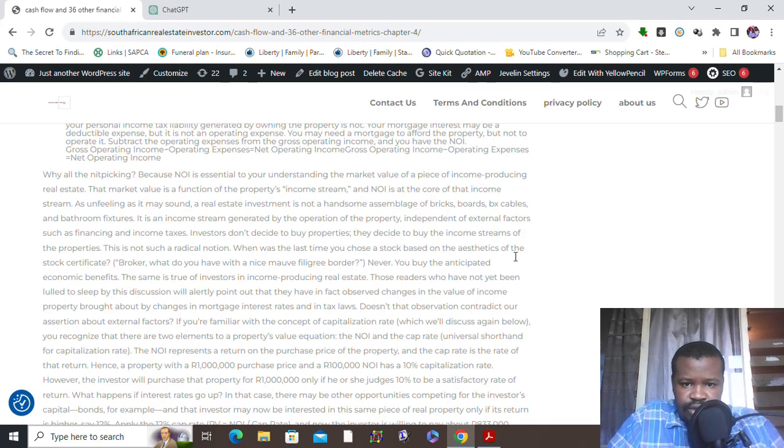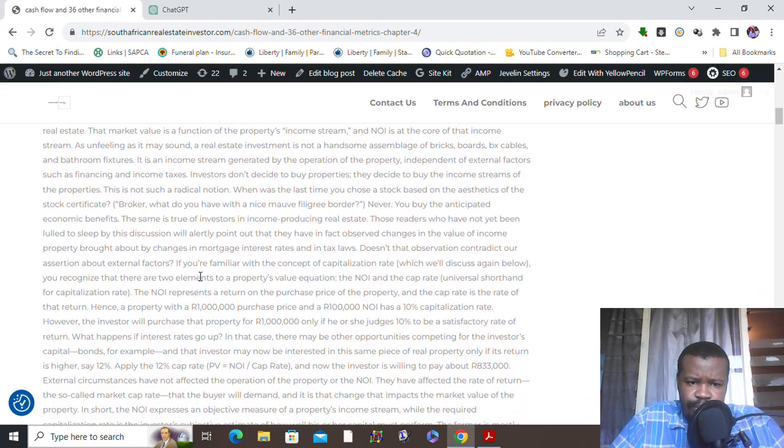Those readers who have not yet been lulled to sleep by this discussion will likely point out that they have in fact observed changes in the value of income property brought about by changes in market interest rates and in tax laws. Doesn't that observation contradict our assertion about external factors? If you're familiar with the concept of capitalization rates, you recognize that there are two elements to a property's value equation: NOI and cap rate.